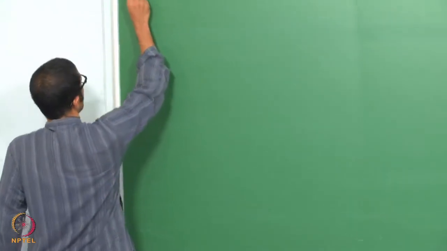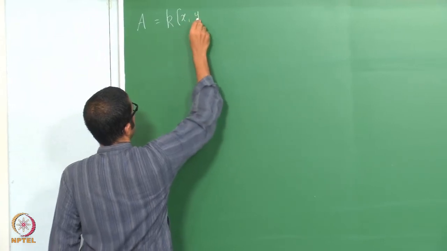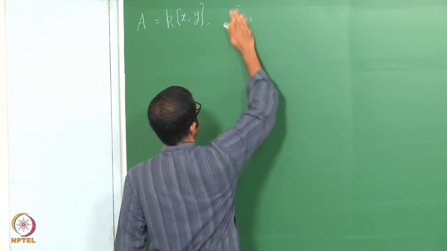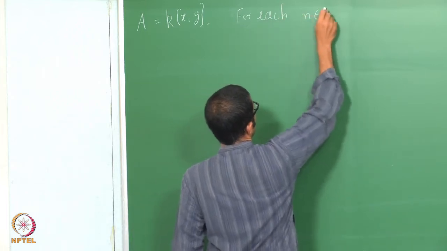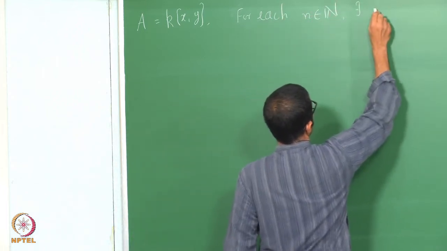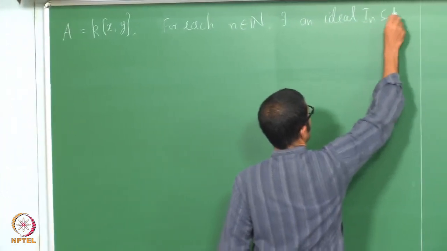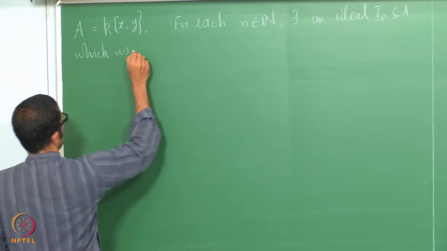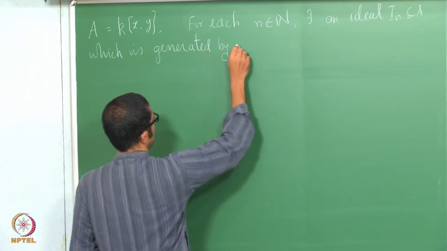So, did you think about the question that I asked yesterday? Take A to be k[x,y], and for each n in N, there exists an ideal in A which is generated by n elements.